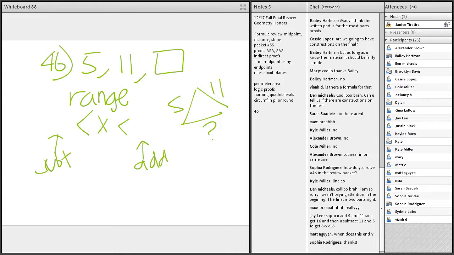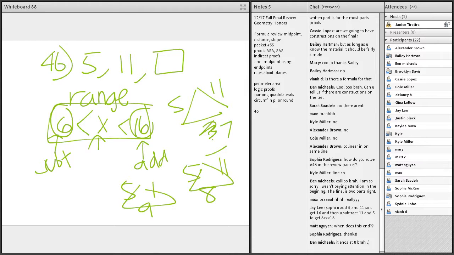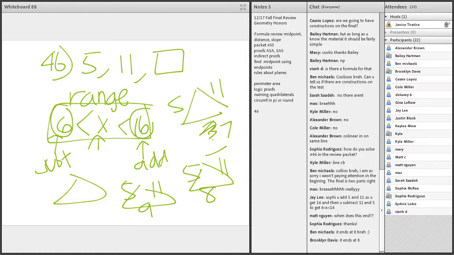If you subtract the numbers, you'll get 6, and if you add the numbers, you'll get 16. And if this is 7, right? So let's say in between 6 and 16, this triangle works. 5, 8, 11 works. 5, 9, 11 works, right? So all of these work until it gets to 15 or so. Yes, all right.